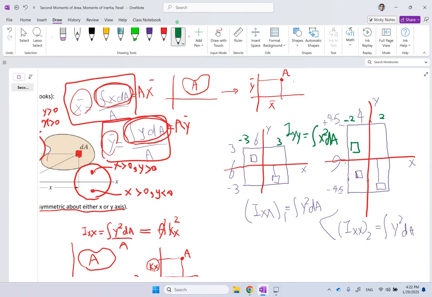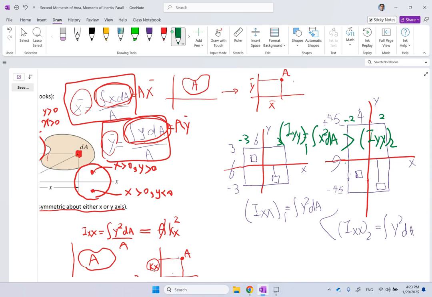So if the left one is Iyy1 and the right one is Iyy2, it's probably that this time Iyy1 is bigger. And we're going to develop formulas and get the exact numbers. But since the areas are the same, and one is more stretched in one direction than the other, I can see these kinds of differences.